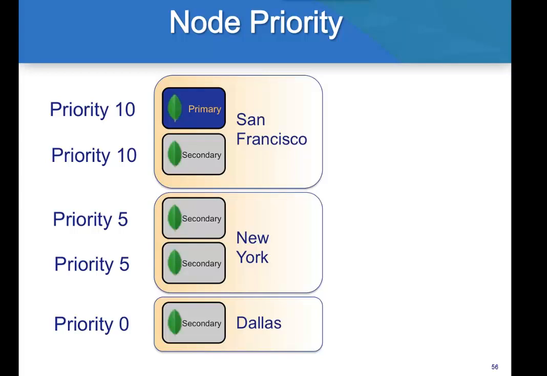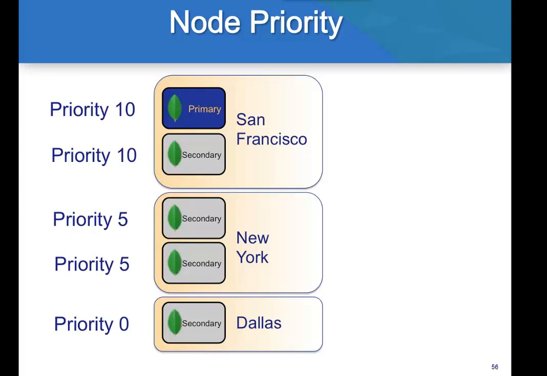When an election happens, the most up-to-date node with the highest priority is going to be elected primary. In this case, we've set priority 10 on San Francisco and priority 5 on the nodes in New York. This means if there's an election and any of the nodes in San Francisco are still up and available, then one of those nodes will be elected primary. Only if neither one of those nodes is available will a node in New York be elected primary.